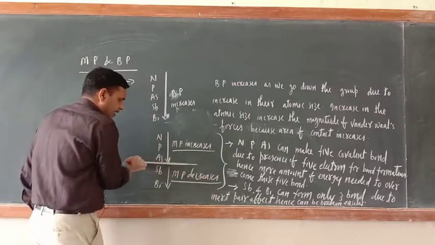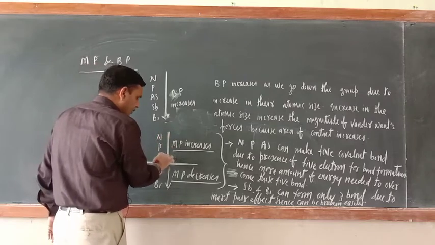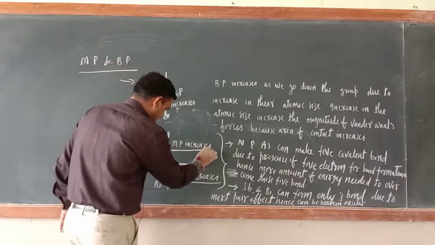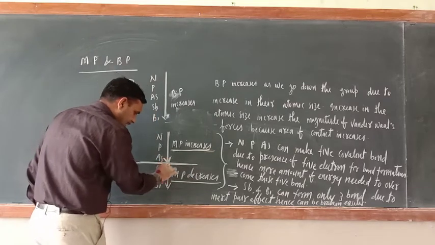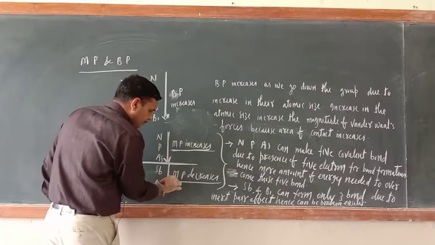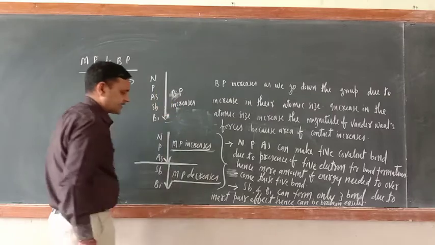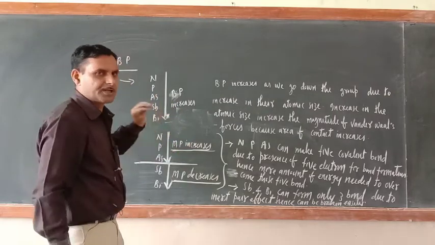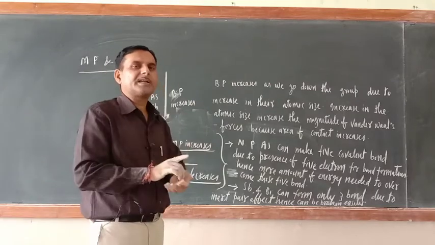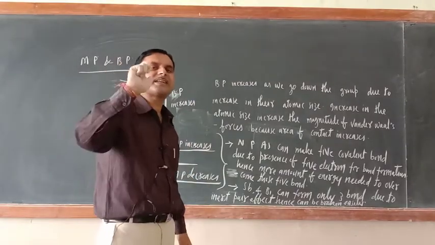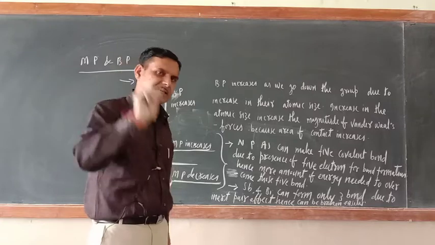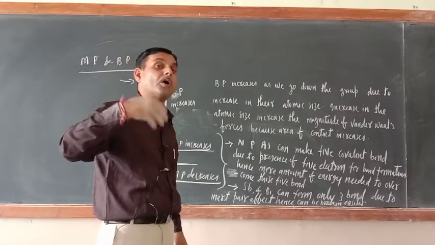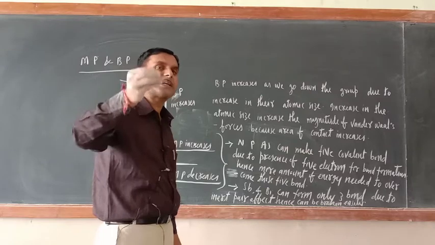See, here clear cut I wrote, up to arsenic, nitrogen to arsenic, melting point increases, and from antimony to bismuth, melting point decreases. Why? Now you have got different behaviors. So just remember what I told. Melting point depends upon the strength of crystal lattice, and strength of crystal lattice depends upon how many bonds are formed in that crystal lattice.